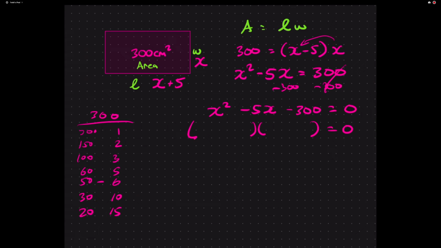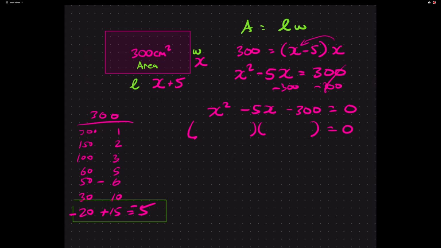And now if I look at this, 20 minus 15 equals 5. So this is what I want right there. Now, notice that the larger number should be negative, as indicated right here. So what I would actually want to do is make the 20 negative and the 15 positive, equaling negative 5.